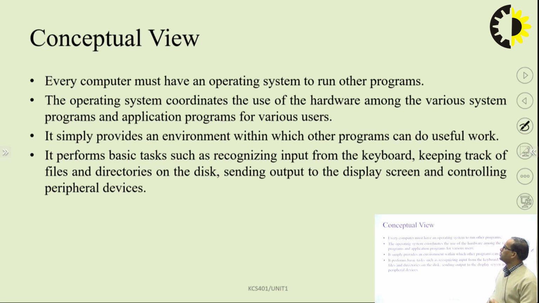Next, every computer must have an operating system to run the other programs, as we have already discussed. The operating system coordinates the use of hardware among the various system programs and application programs for various users.